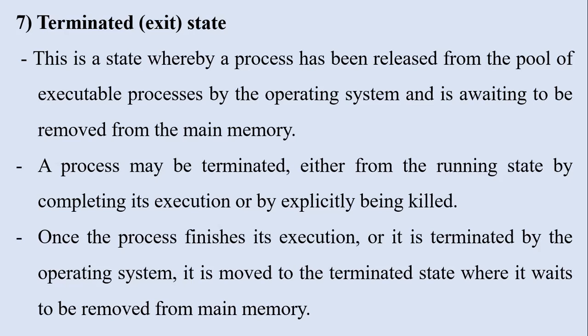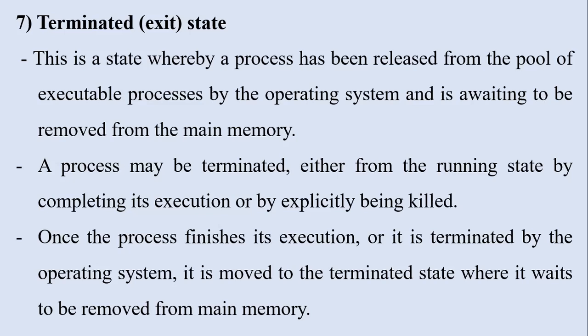The seventh state is called the terminated or exit state. This is a state whereby a process has been released from the pool of executable processes by the operating system and is waiting to be removed from the main memory. A process may be terminated either from the running state by completing its execution or by explicitly being killed.